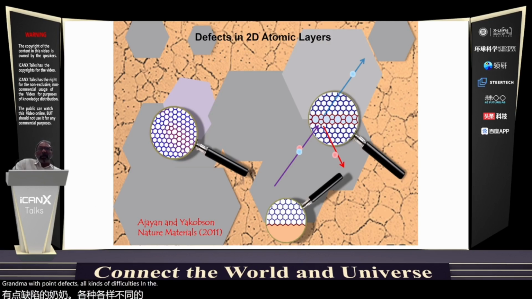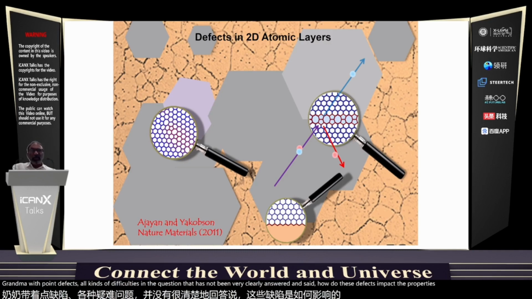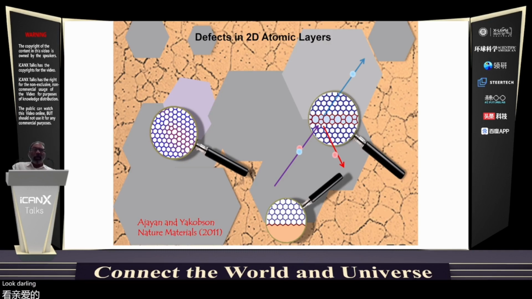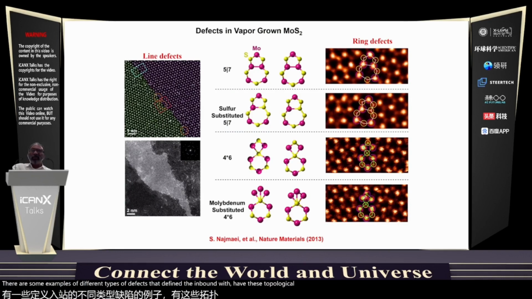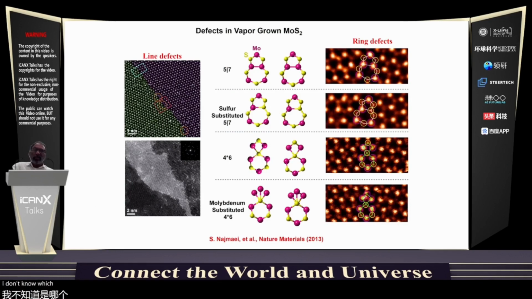And the question that has not been very clearly answered is how do these defects impact the properties of these materials, electronic, optical, and so on. Here are some examples of different types of defects that you find. Grain boundaries have these topological defects, which have been seen both in graphene-like materials and TMDs.